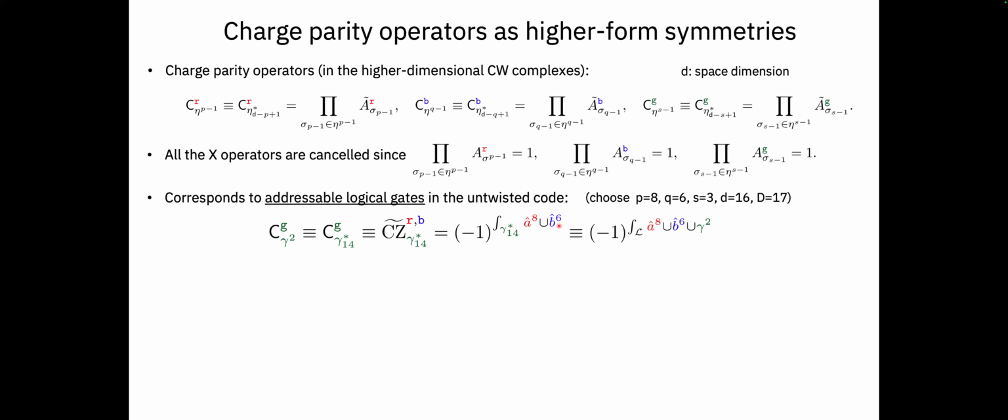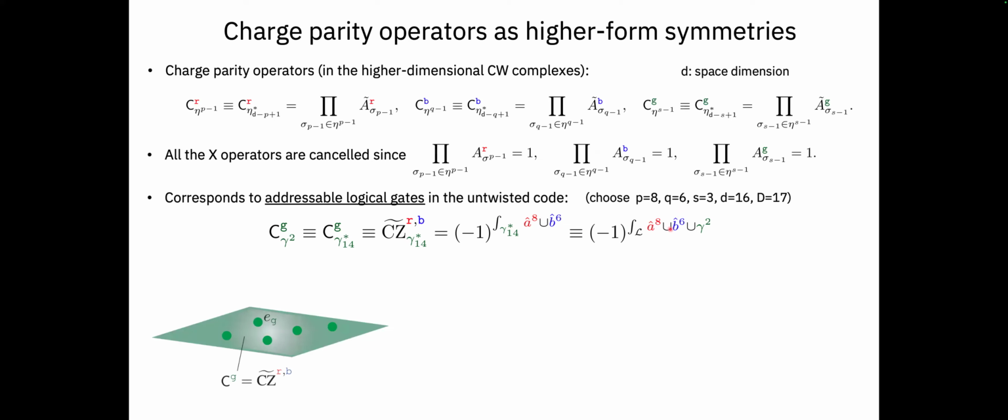If both of them take value 1, you get a -1 sign. Otherwise, you get +1. That's exactly the definition of CZ. So you can rewrite CZ in terms of this. It's also equivalent to a triple cup product if you move this cycle to its dual cocycle. So it has this structure.